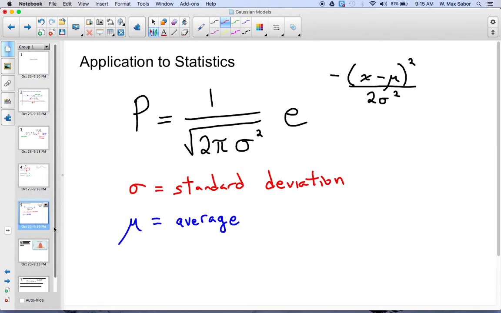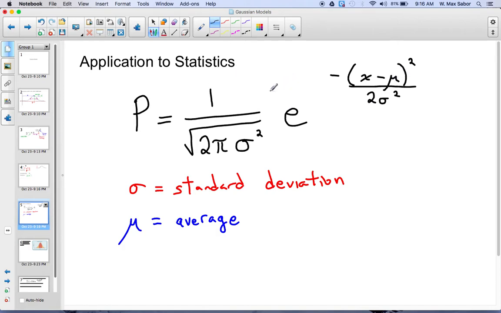This is applied to statistics in a particular formula. You don't have to memorize this formula, though you probably will be memorizing it if you're in a statistics class. This has to do with when you have some sort of population distribution, it's based on the standard deviation. It has to do with your amplitude and your compression, and then your horizontal shift is based on the average.